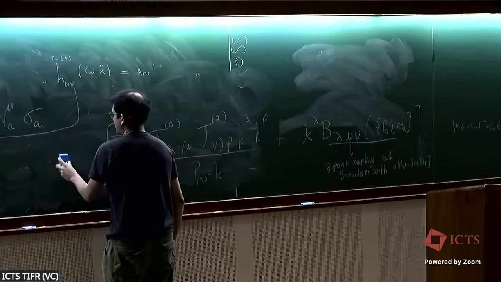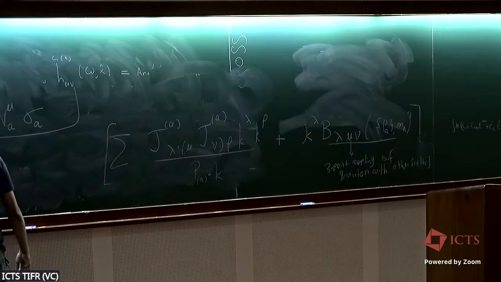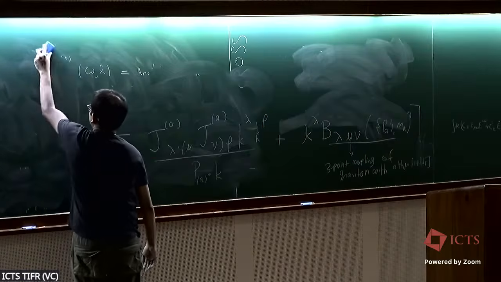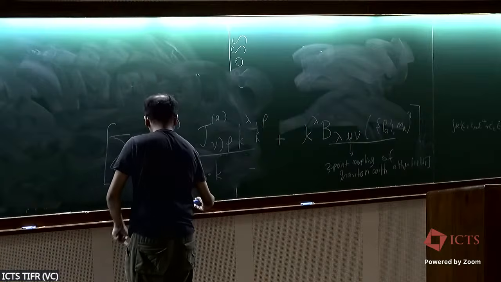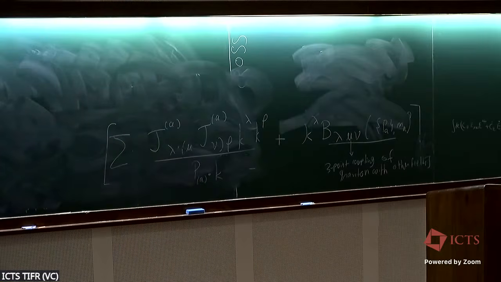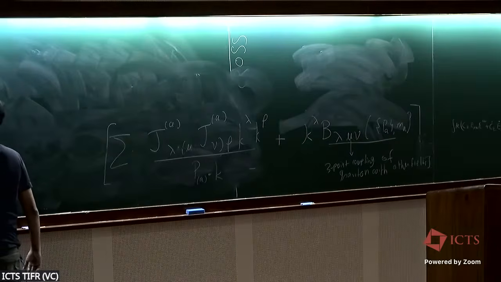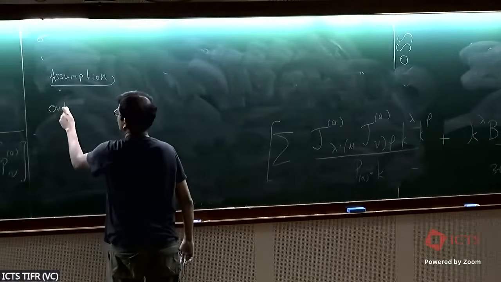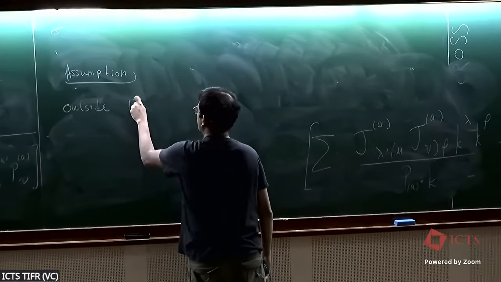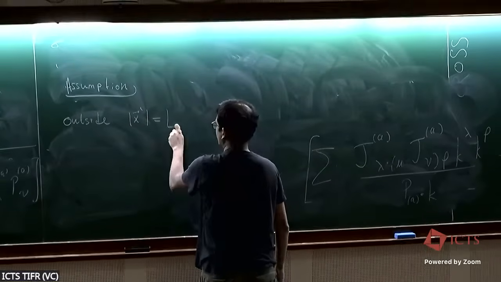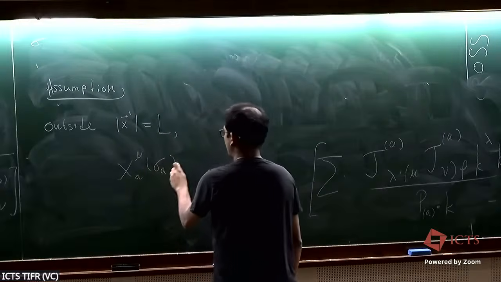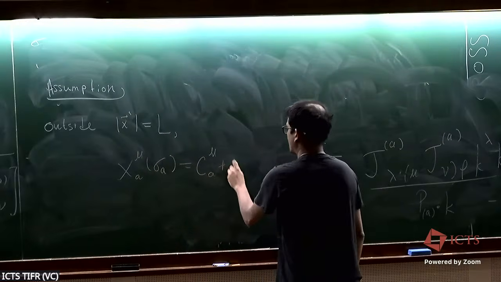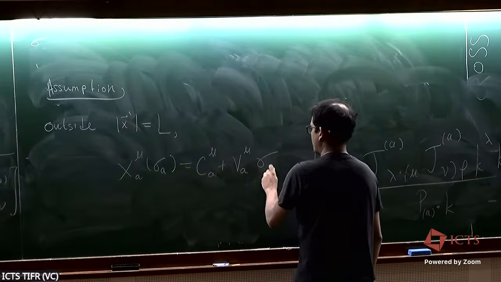Now let me go back and quickly tell you what this assumption implied that we keep using, that particles are asymptotically free. So our assumption, let me write it, outside mod x prime equal to L, we are assuming that x mu a of sigma a is p mu a plus b mu a sigma a.